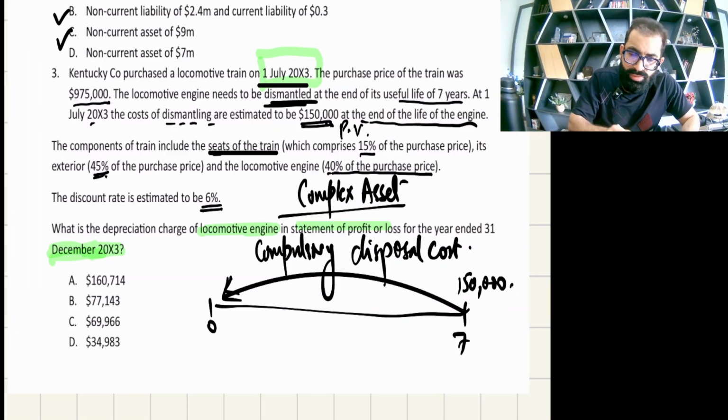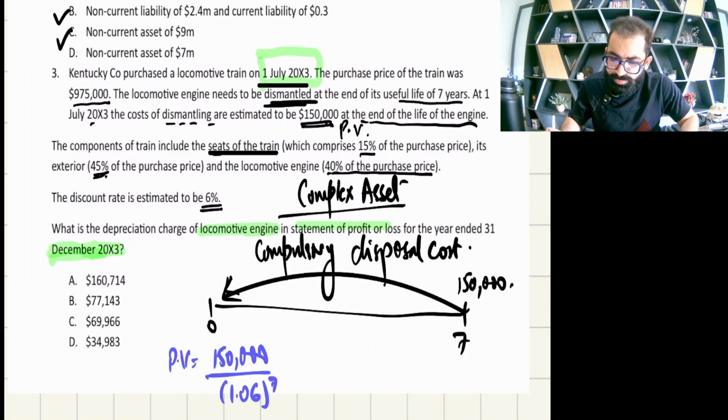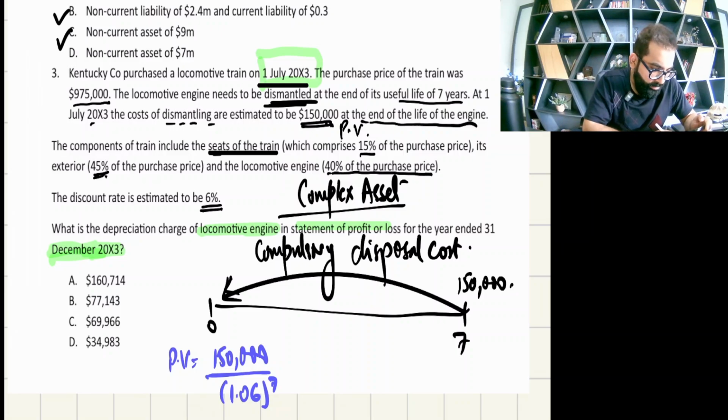First of all, calculate the present value of this compulsory disposal cost. This is 150,000 divided by 6%, meaning 1.06 power 7. 150,000 divided by 1.06 power 7 is going to be 99,759.